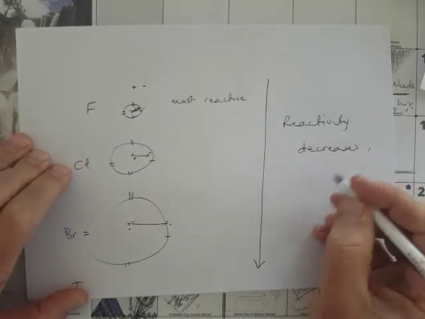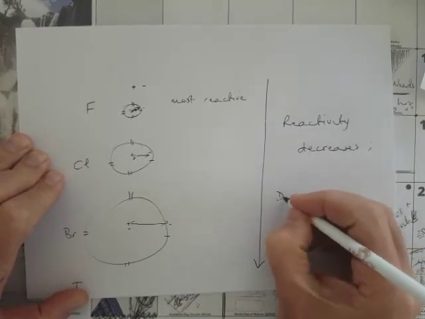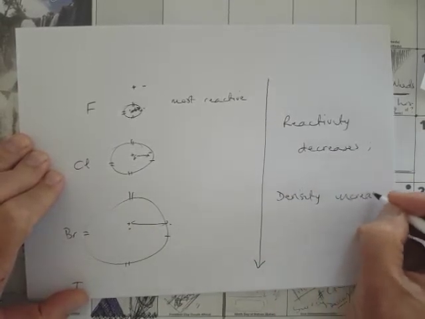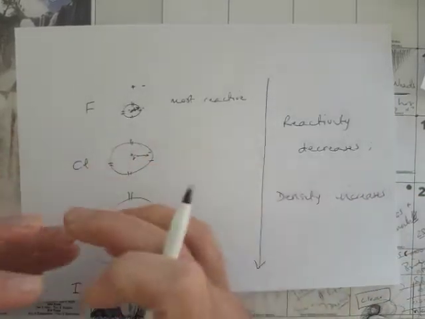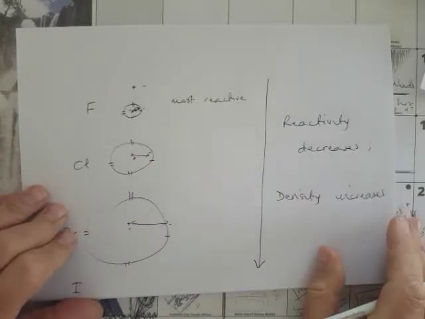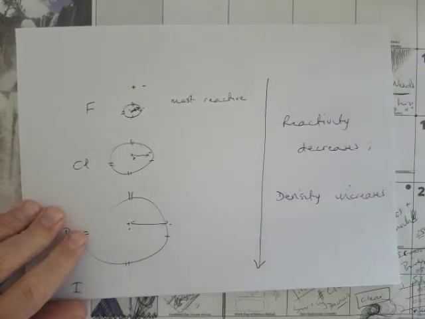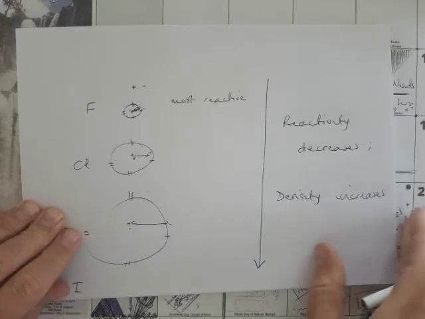Again, the trend in density increases always as you go down a group. These are bigger, more massive atoms as you go down the group. So let me just check the syllabus. Describe the halogens chlorine, bromine, and iodine in group 7 as a collection. Okay.